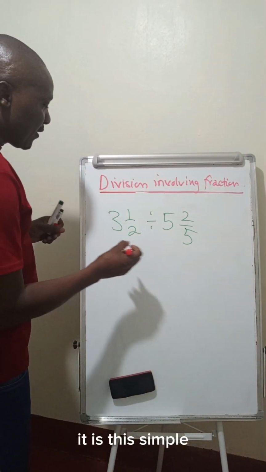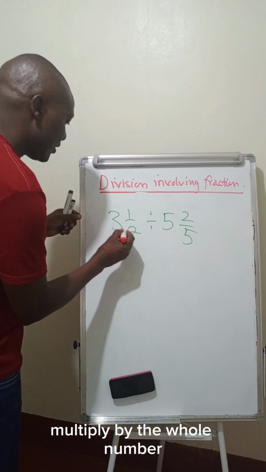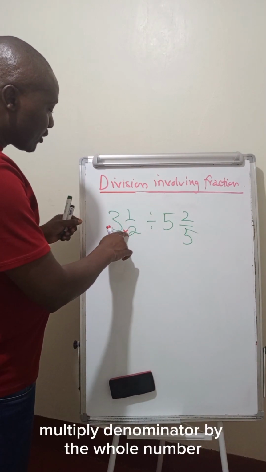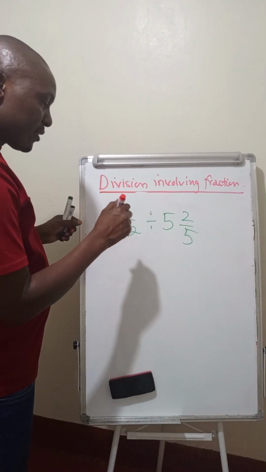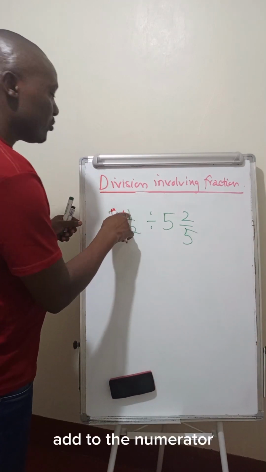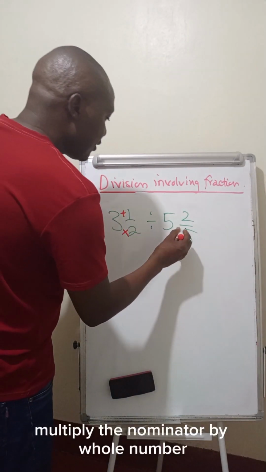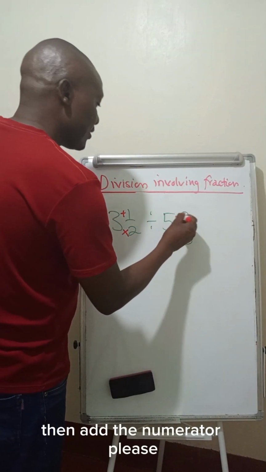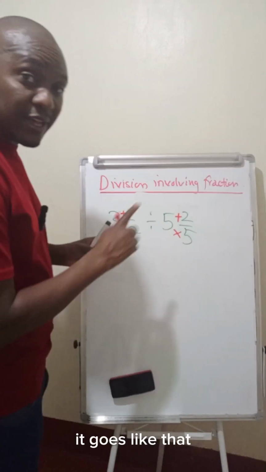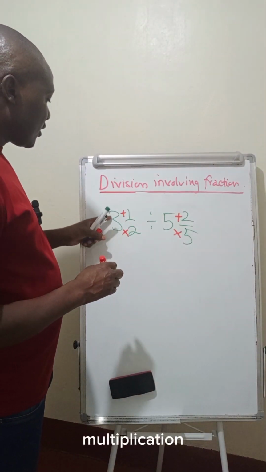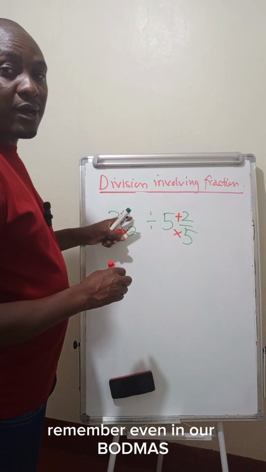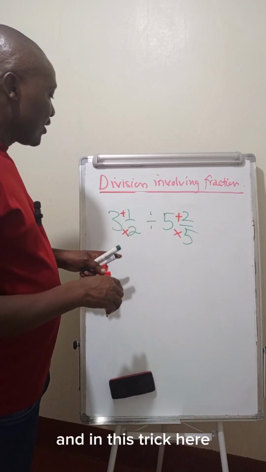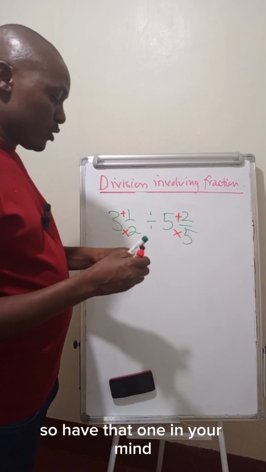Multiply the denominator by the whole number, then add the numerator. Please, it goes like that. Multiplication, then addition. Remember, even in our BODMAS, multiplication comes first. And in this trick, do the multiplication first. So have that one in your mind.